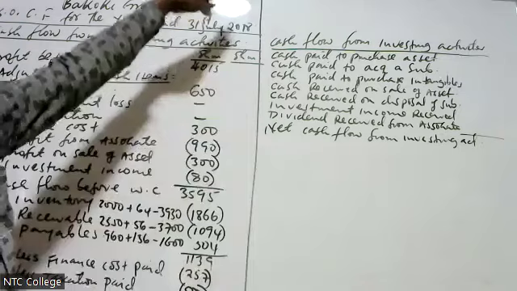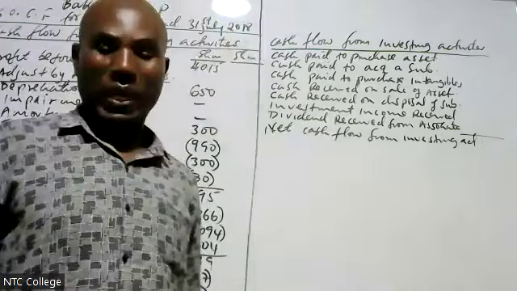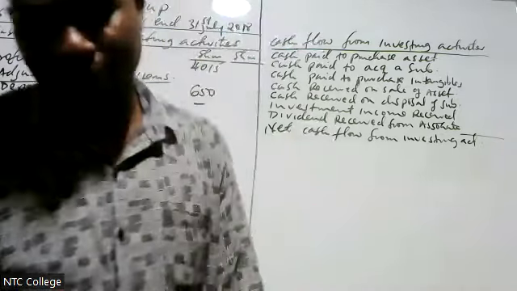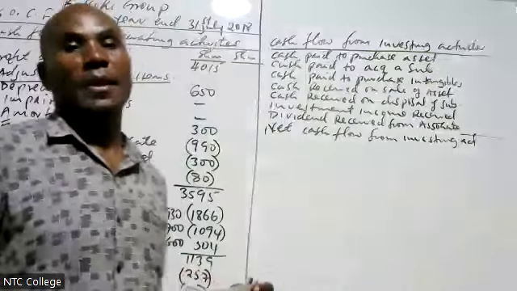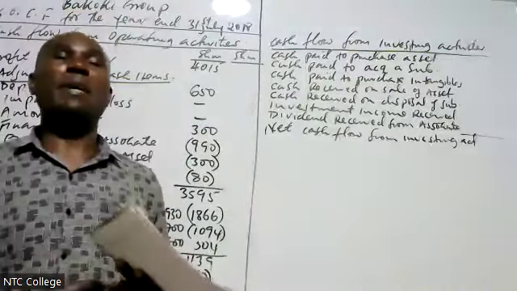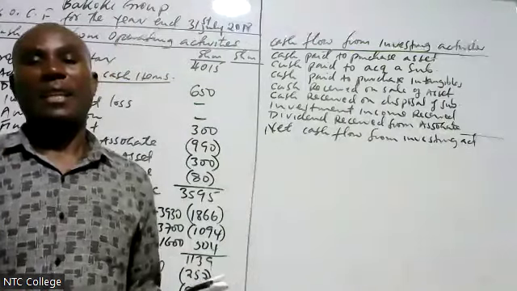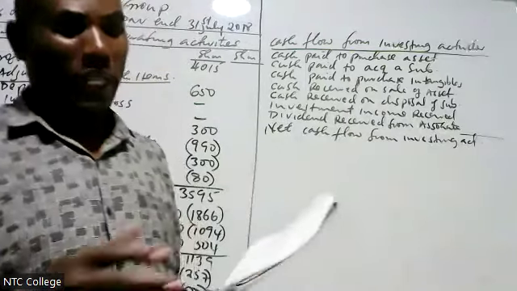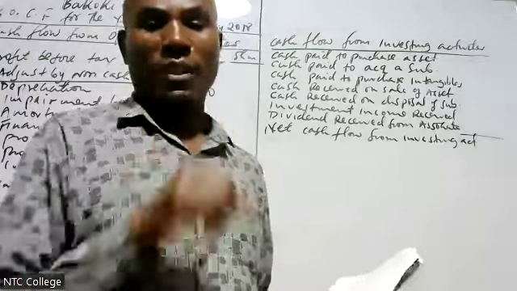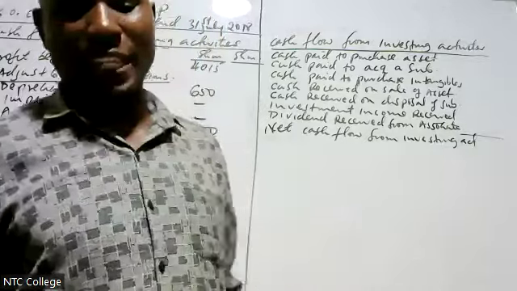Now, cash paid to purchase assets. You get it from asset movement. I showed you the working for that. Now, using that working or using this question, can somebody give me that item?